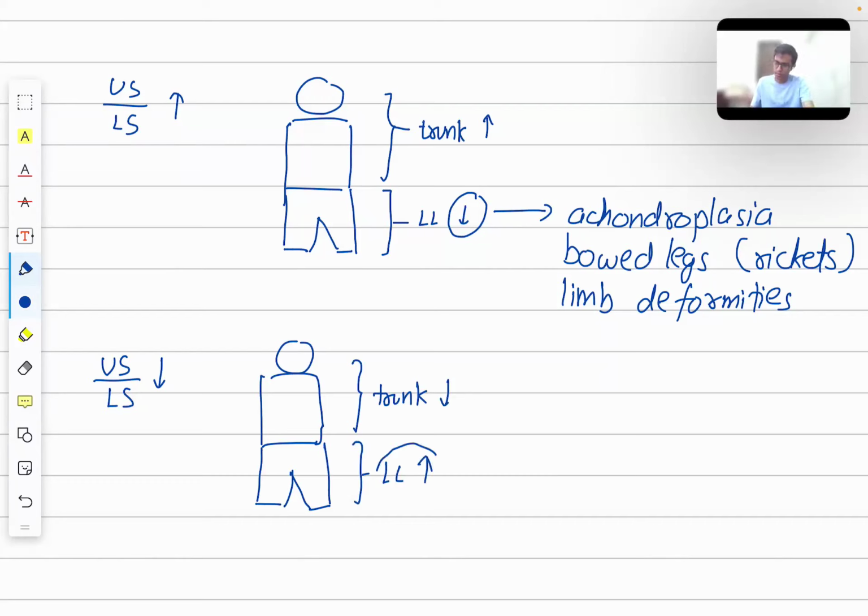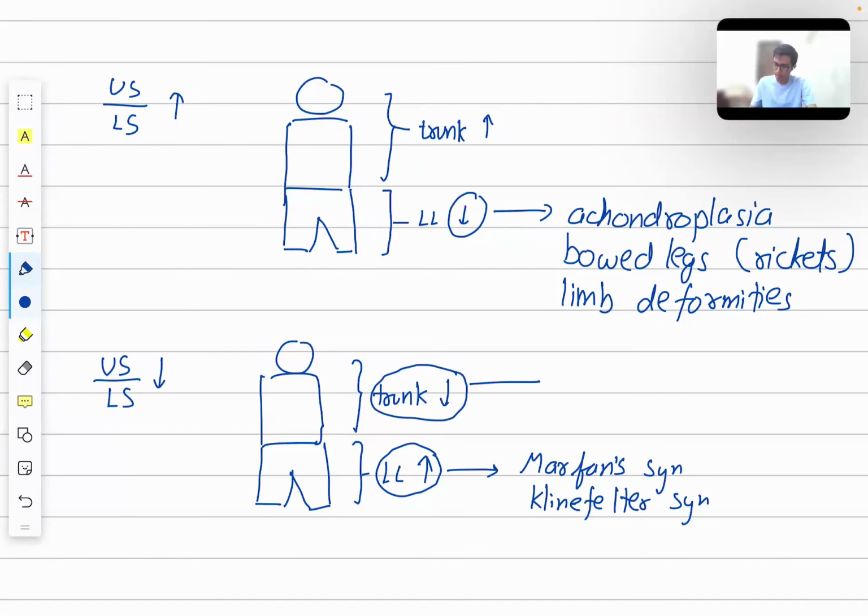So diseases where we see increased length of lower limbs are Marfan syndrome or Klinefelter syndrome, and conditions having a lesser length of trunk would be conditions like spinal deformities such as scoliosis.